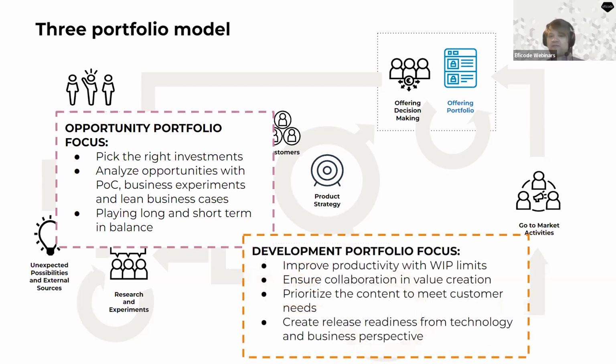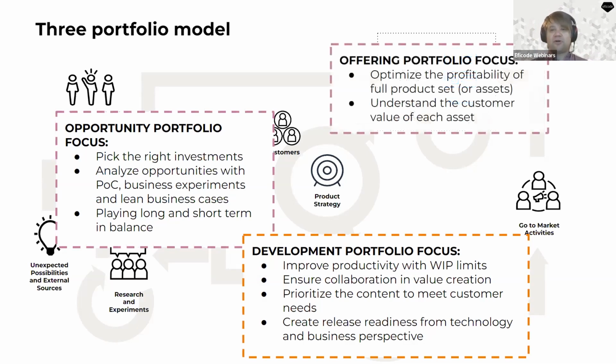Then on the development portfolio, making sure you have these WIP limits. Hey, there's a limit on how many things our development can work on at the same time. And how to make sure the collaboration, like discussed already, how we collaborate with sales and operations and everybody required to do the value creation during the development phase all the time, and creating this release readiness from technology and business perspective overall.